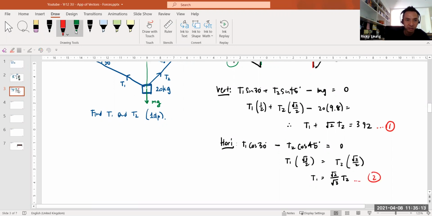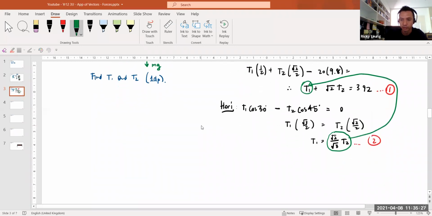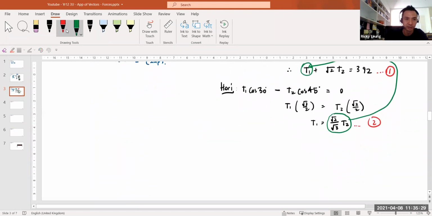So it looks like I'm just going to sub this into this one here, and then make T2 the subject. Oh, heaps of space. So sub 2 into 1. Let's see what we get.